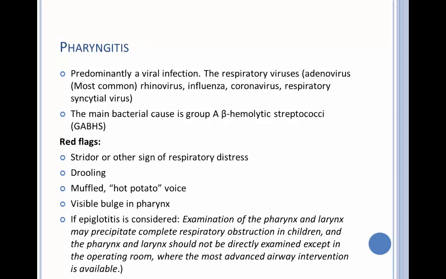So basically go and examine the patient, go through the review of systems. In the history of the present illness, the patient is most likely complaining of sore throat, from mild to severe. But be attentive to whether the patient has difficulty breathing or difficulty speaking.